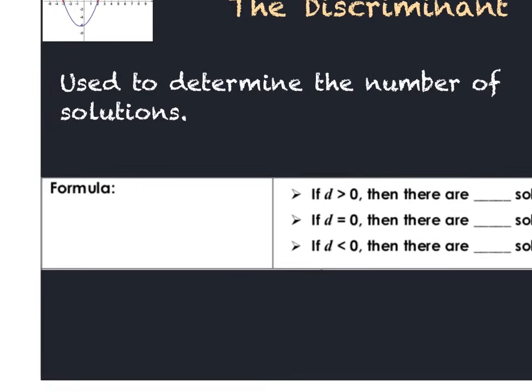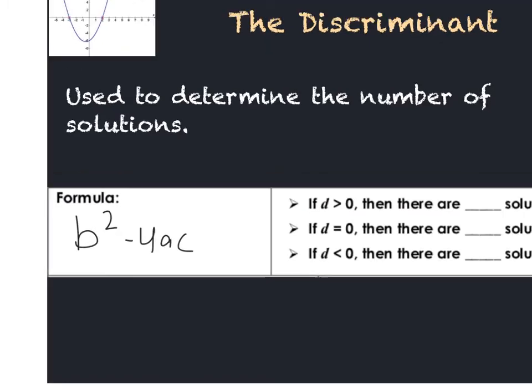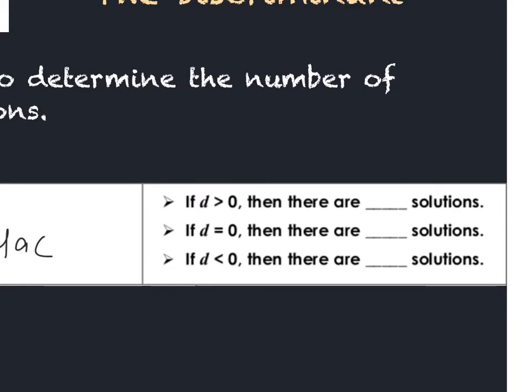So the discriminant is used to determine the number of solutions without creating a table, without graphing. And the formula for the discriminant is b squared minus 4ac. Now, if your discriminant is greater than 0, then that means that there are going to be 2 solutions.